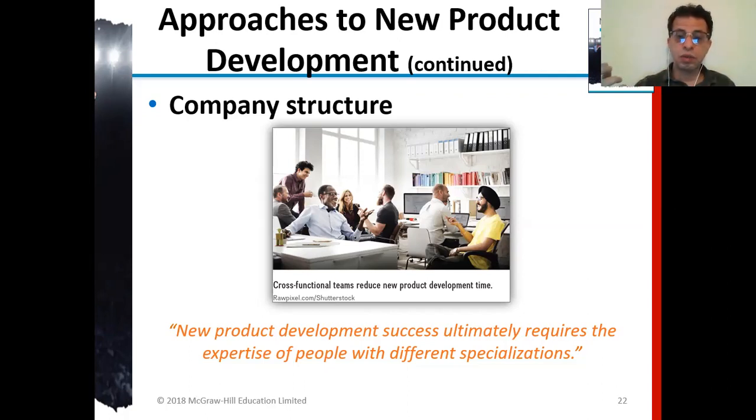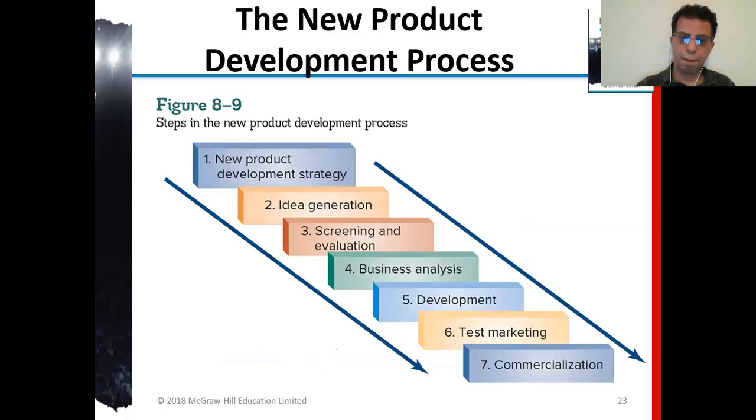We needed the customers also. The new product development success ultimately required the expertise of people with different specializations. We needed some people who really can translate English to Arabic, so we spoke with the Egyptian partners in the university to help us with the translation.